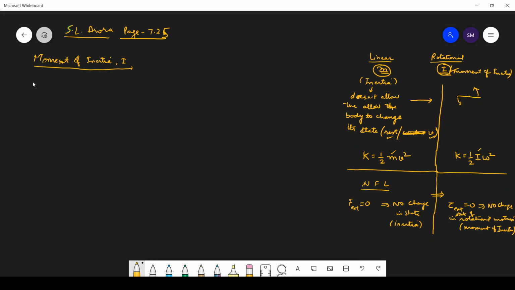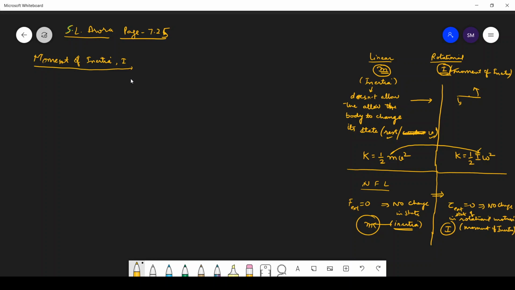Students, in rotational motion we use I instead of mass, so mass is replaced by moment of inertia. So we need to know the value of I. That is important, and this topic is all about finding the moment of inertia of different bodies.